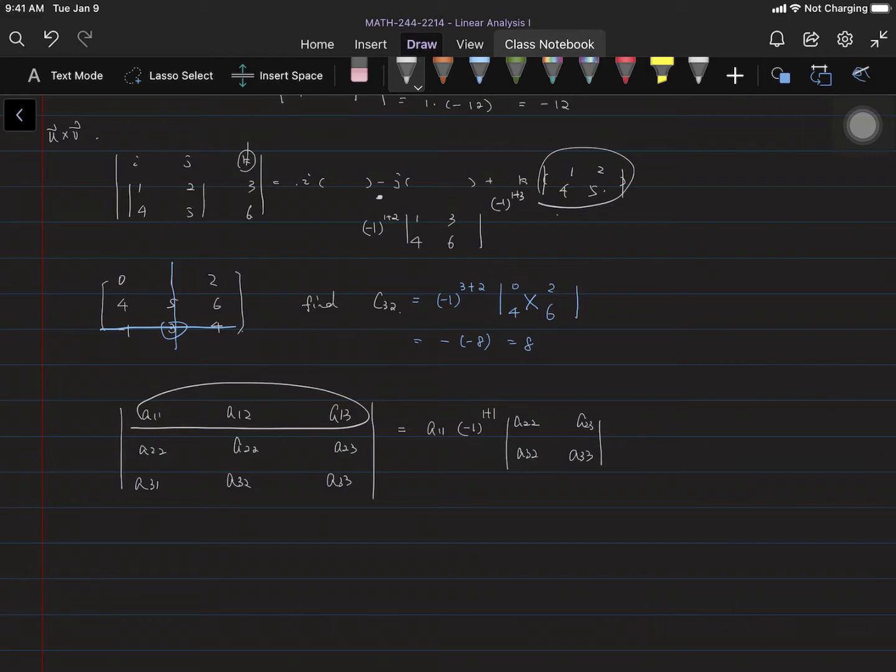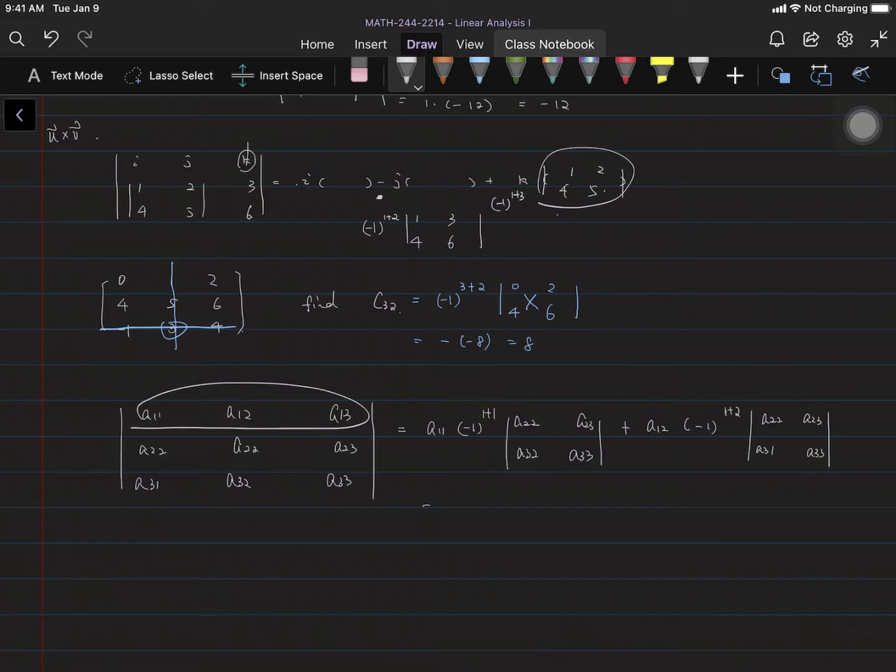And the second term is plus A12 times the cofactor. What's the cofactor? Negative 1 to the power 1 plus 2, and the minor, crossing out the first row, second column, so it should be A21, A23, A31, A33.